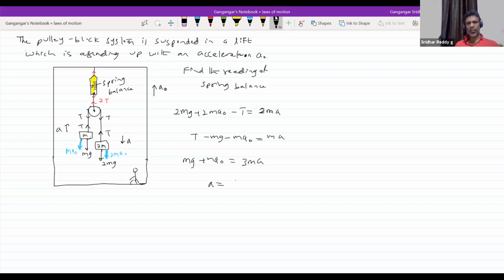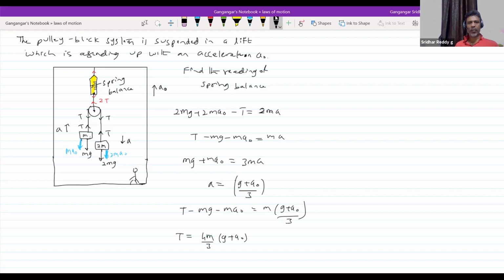So acceleration is equal to how much? (g plus a naught) by 3. That value we will substitute here. So T minus mg minus m a naught equals m into (g plus a naught) by 3. The tension T is equal to 4mg by 3, or this will be 4m by 3 (g plus a naught).